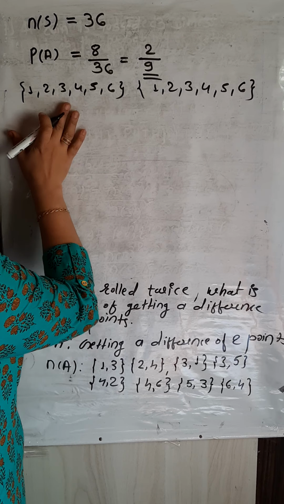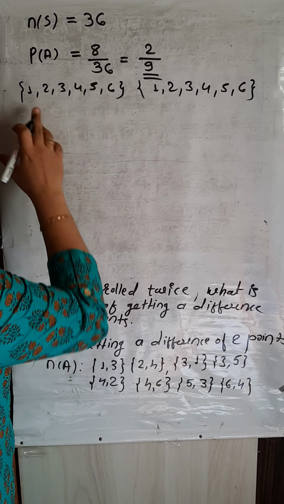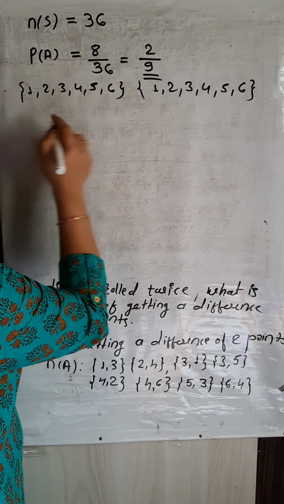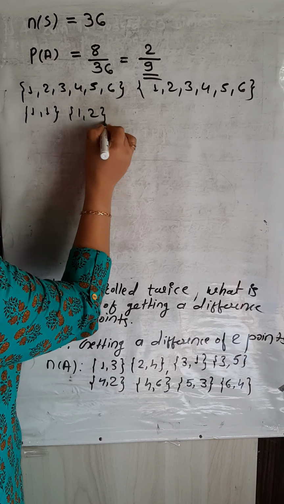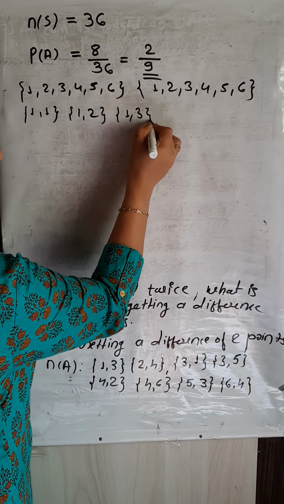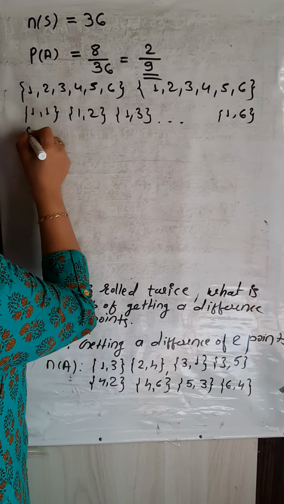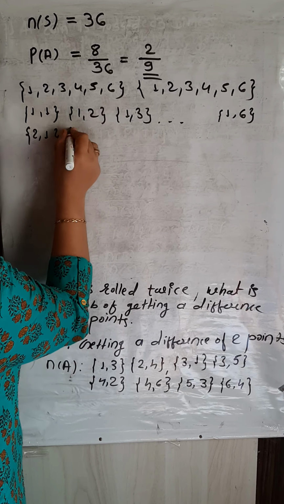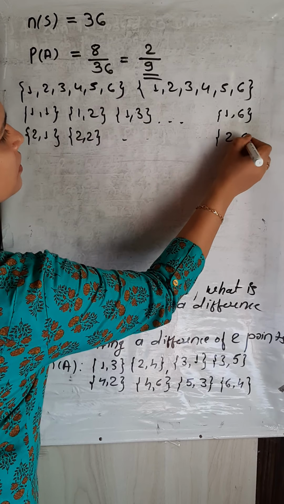If we combine these outcomes with this, because see, when you are rolling 2, so what can happen? 1 comma 1, 1 comma 2, 1 comma 3, and so on, 1 comma 6. Next will be 2 comma 1, 2 comma 2, like this will get 2 comma 6.